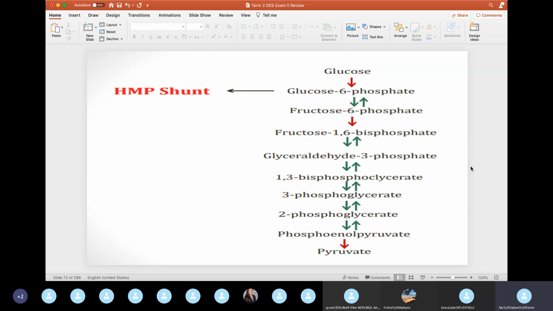Main point here, NADPH is used for the production of reduced glutathione in order to react with H2O2 to make H2O and O2. Okay, that's good. So preventing reactive oxygen species in your red blood cells.